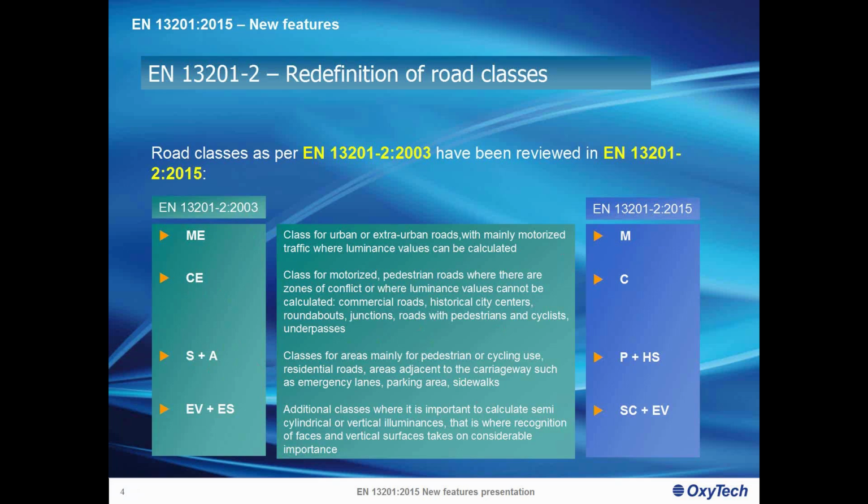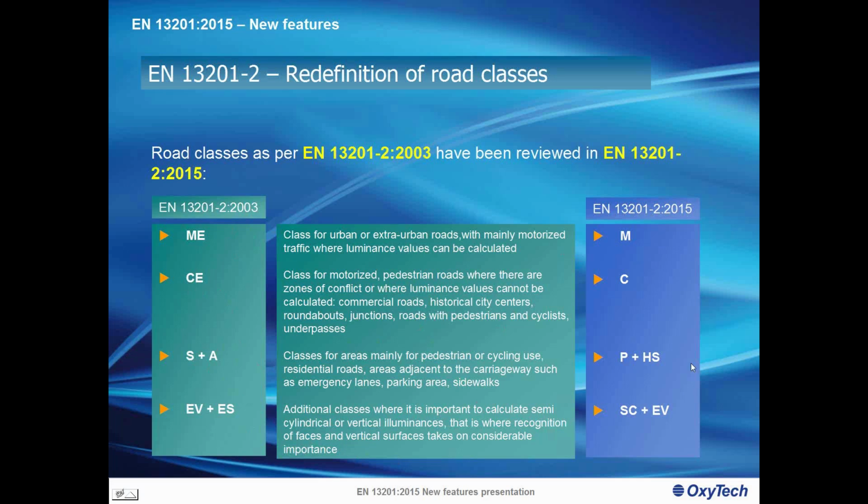For example, for road crossings or pedestrian crossings, these are areas where it is important to know the vertical planes and the vertical illuminances in order to perfectly recognize the pedestrian who is crossing the road, or in case of face recognition for questions of safety.